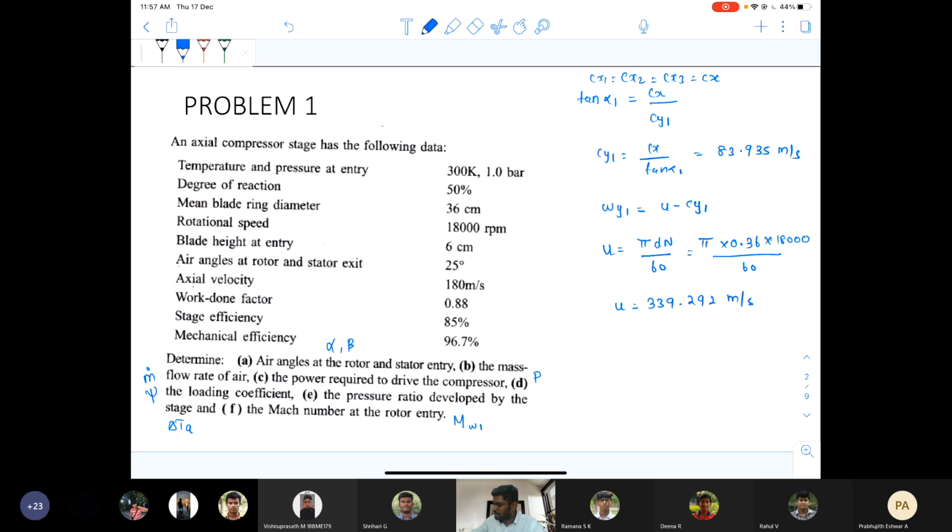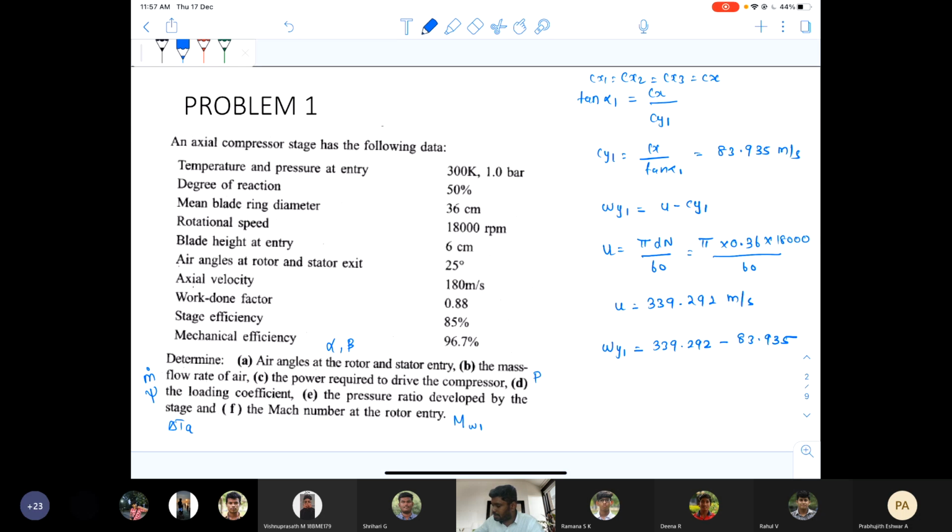Now substituting the value of u in this equation, you can attain the value of wy1. That is, wy1 is equal to u minus cy1, which is 339.292 minus 83.935.